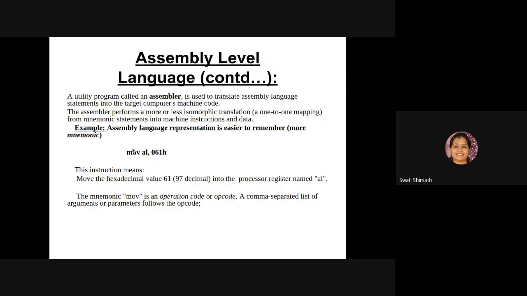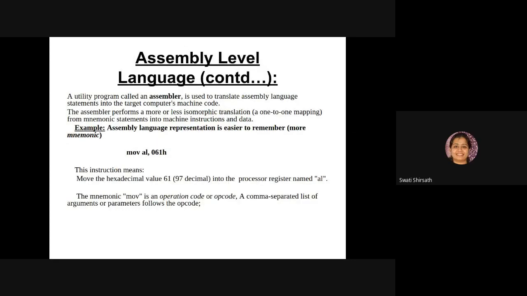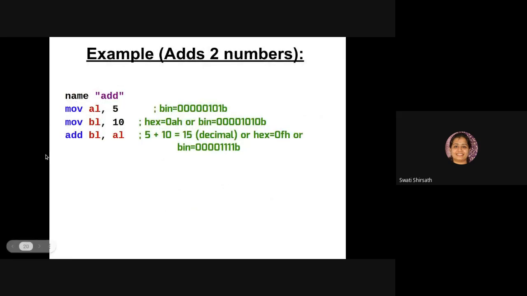We talked about this, that this can be converted into the code, and that code is internally converted into machine language by the assembler. We discussed this last time. Just look at this slide. This I was talking about. Move A1, comma 5. So its binary conversion will be this.